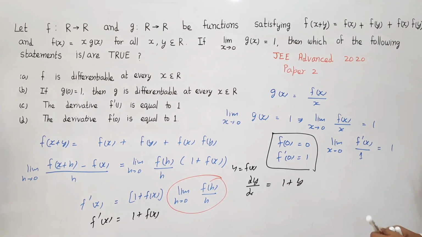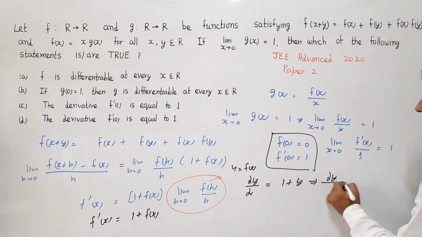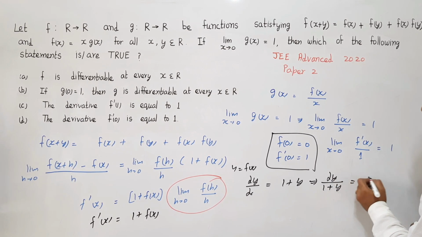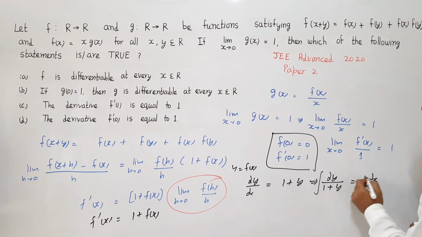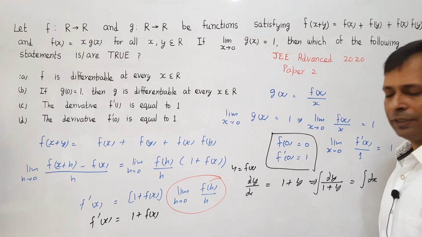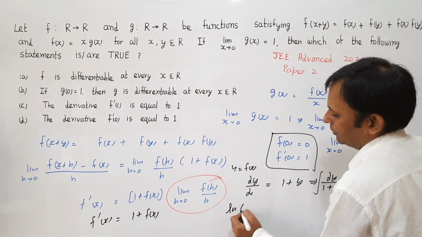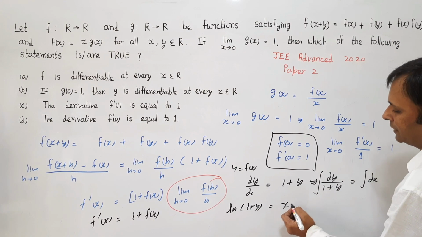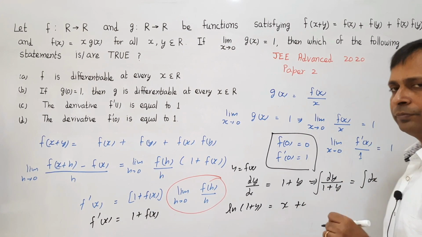I can divide 1 plus y on both sides, so I get dy upon 1 plus y equal to dx, and then if I integrate both sides, the integral of dy upon 1 plus y is log of 1 plus y, and the integral of dx is x, and plus I will put a constant of integration.